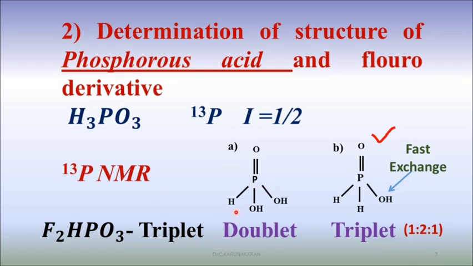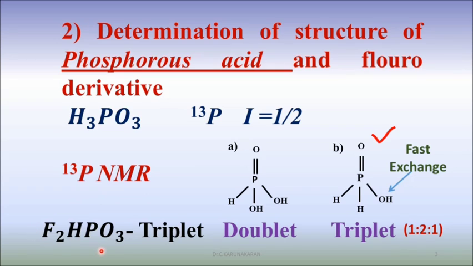Using phosphorus NMR, this compound will give you a doublet, whereas this compound will give you a triplet. The OH protons do not couple because of fast exchange with the water molecules in the solvent. Actually, a triplet signal is obtained. Therefore, the correct structure is this one.